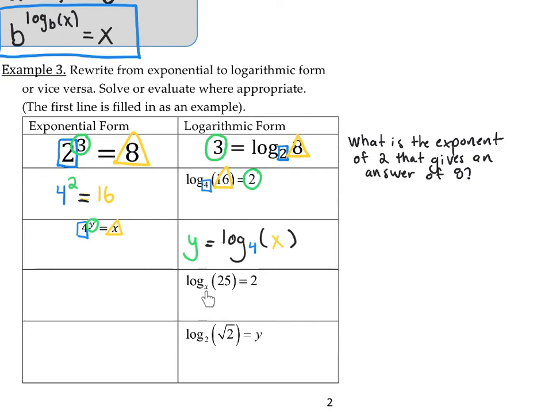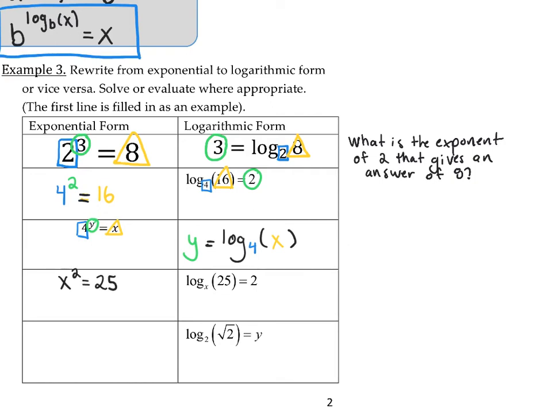Okay, log base x of 25 equals 2. So I'm thinking of this as what exponent on x gives me 25? Well, we don't know what x is actually, so we're going to translate this as the base to the other side equals 25. So here's my translation. x squared equals 25.